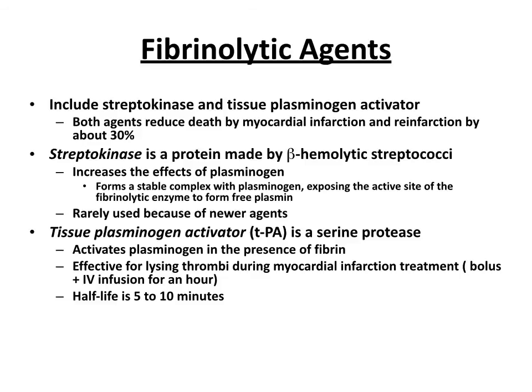You can give a tissue plasminogen activator. That's a serine protease. The big thing with TPA is it activates plasminogen in the presence of fibrin. Activate plasminogen, you get plasmin. Plasmin is going to break down the fibrin clots, right? This slide shows it in a real simple form.